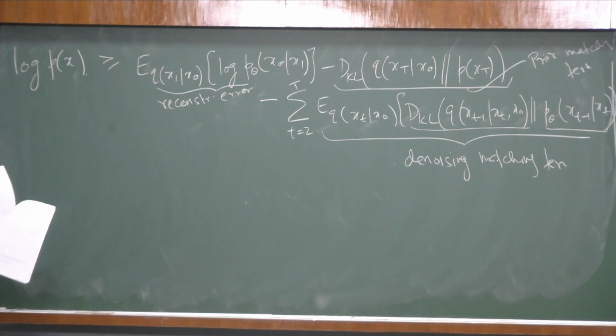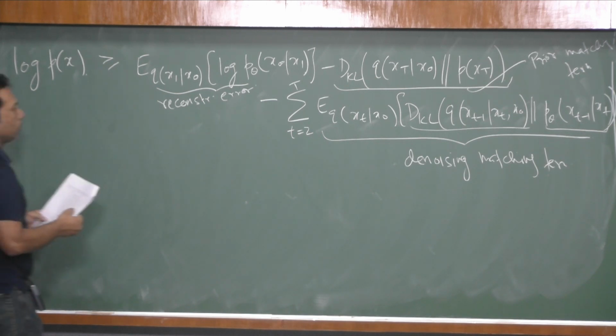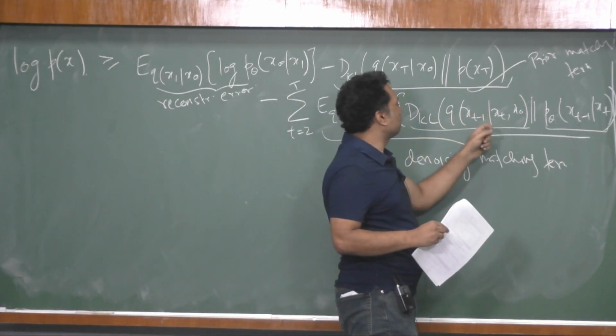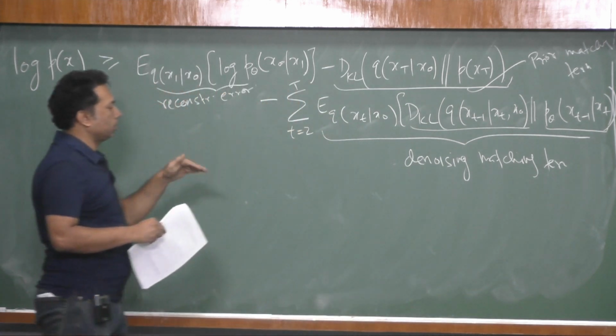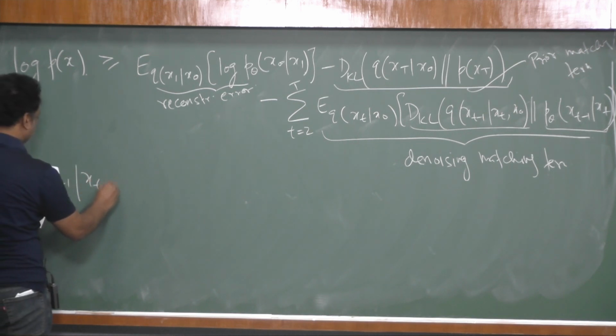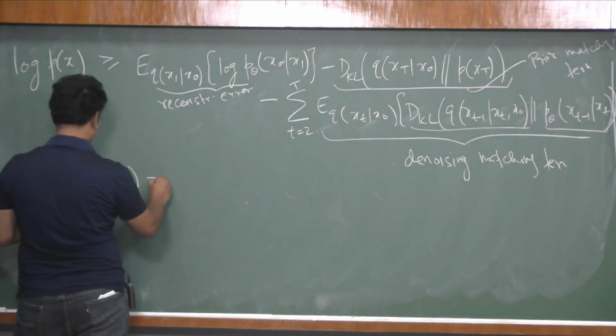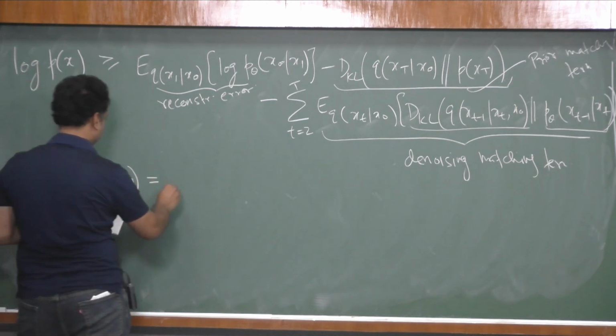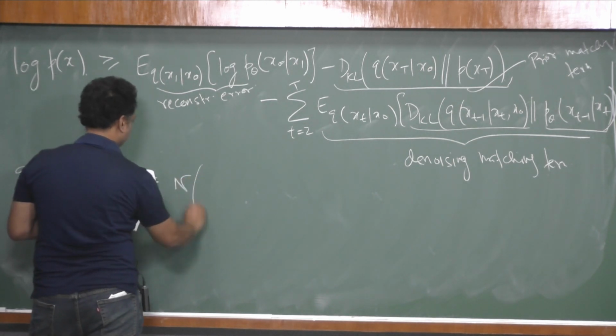So what we had after the derivation is the following. We applied the Bayes rule to flip this. Then we had xt minus 1 and so on, and the terms in the numerator and denominator, and we did all those calculations, and we will just write down what we found in the last class. So q(xt-1|xt, x0) was found to be a normal distribution.